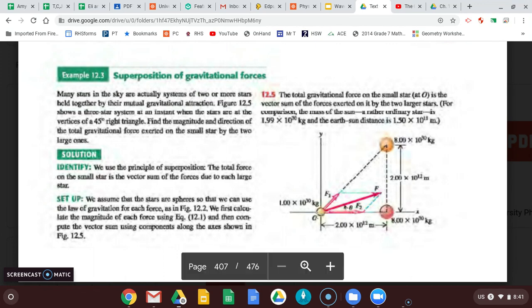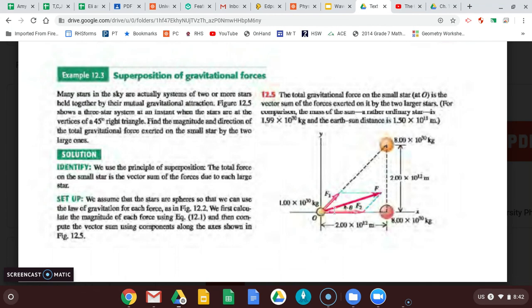So here's the small star at the origin of our axis in the diagram, and we want to find the force due to gravity exerted on the small star by these two combined. Okay, so we can see some distances apart and figure some out as well.